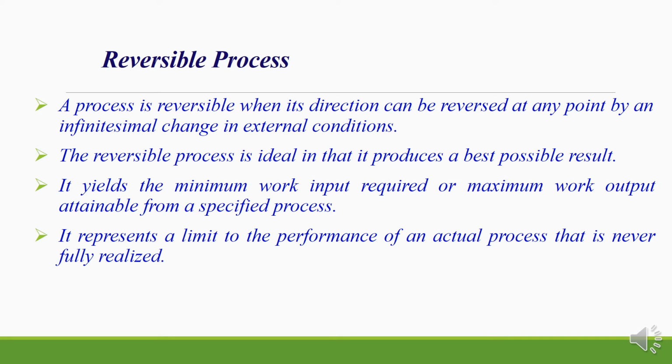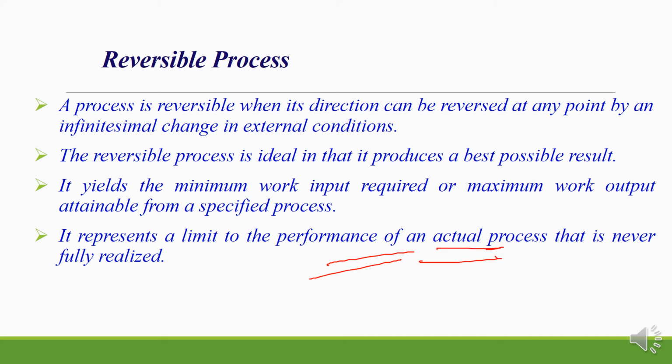The reversible process is ideal in that it produces the best possible result, and it yields the minimum work input required for the maximum work output attainable from a specified process. It represents a limit to the performance of any actual process that is never fully realized. So this is the upper limit for an actual process.